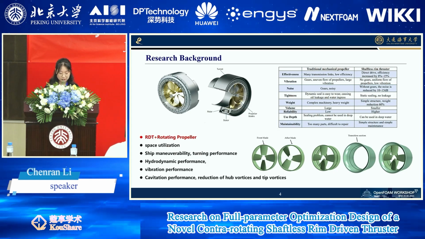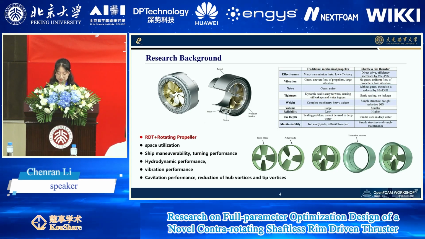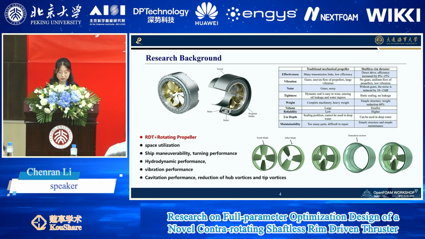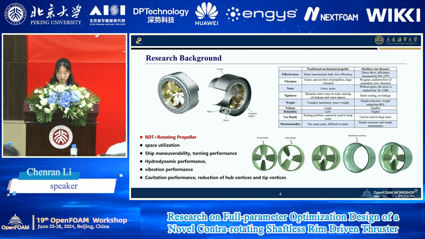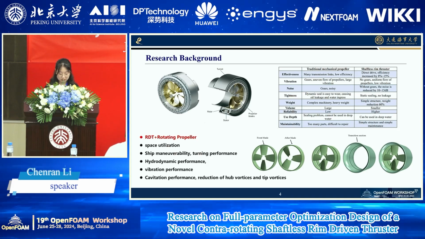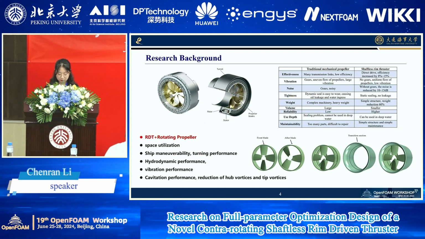However, due to the unique structural shape of the counter-rotating RDT, its modeling method is particularly complex. To accurately represent the counter-rotating RDT, the paper explores a set of parametric expression methods suitable for the blades of the counter-rotating RDT, thus achieving fast and accurate modeling of the counter-rotating RDT.